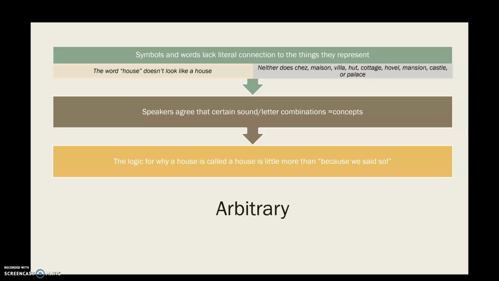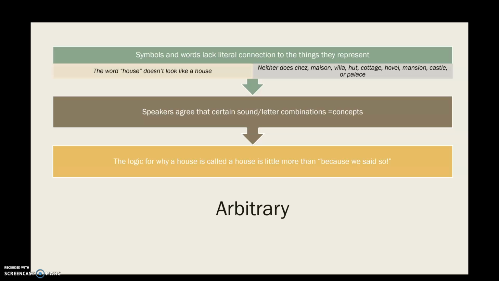Hut doesn't look like a hut, cottage doesn't look like a cottage, hovel doesn't look like a hovel, mansion doesn't look like a mansion, castle or palace. But those all are words that we use to represent those concepts. And you can imagine what each of those means, except maybe chez and maison.